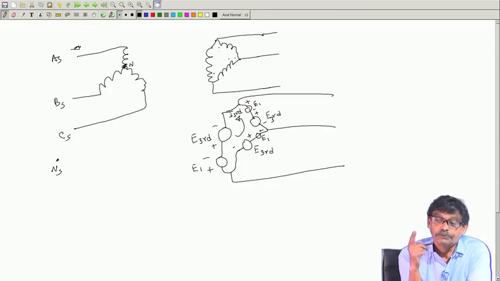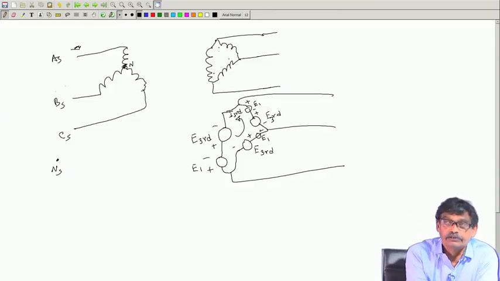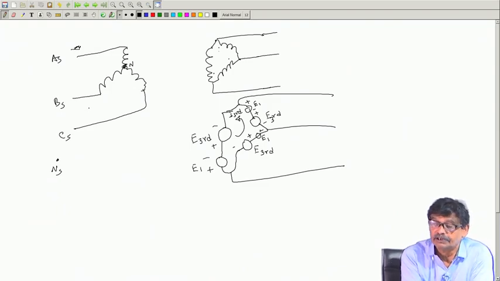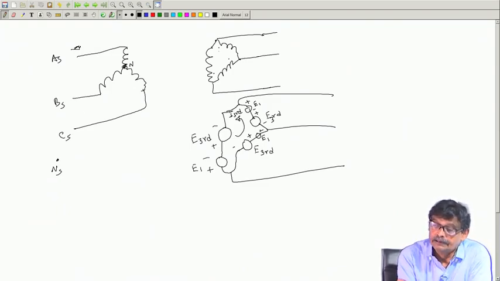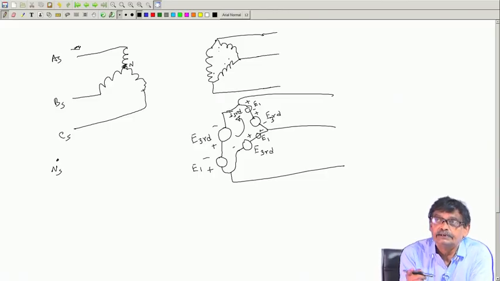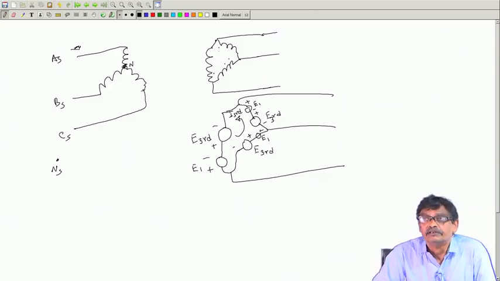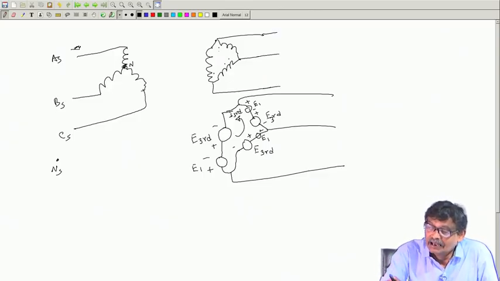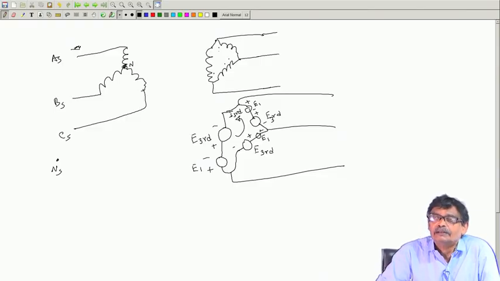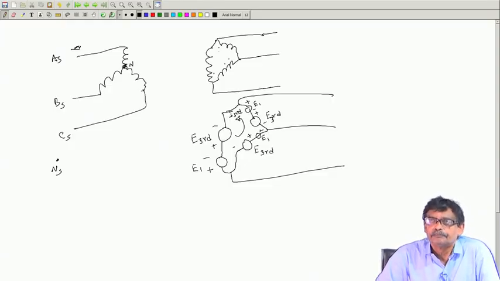So, what you have to see is this, although here neutral is not connected, the fundamental 50 hertz component of current is drawn from this side, and the third harmonic component of magnetizing current can circulate here. Therefore, flux will be reasonably sinusoidal, and your line to line voltage available here, which will go to the load, will be more or less sinusoidal. That is how it can be explained qualitatively.